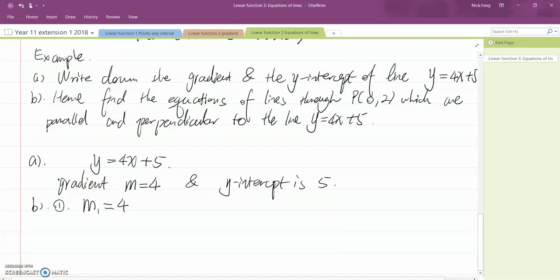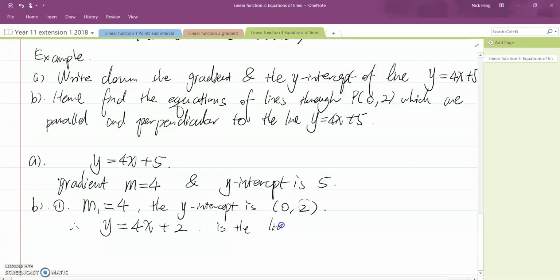So the gradient of the line we're looking for is 4, and then the y-intercept is (0, 2). Therefore, the line we're looking for is y equals 4x plus 2, because that's a 2 and the gradient is 4. It's the line required.